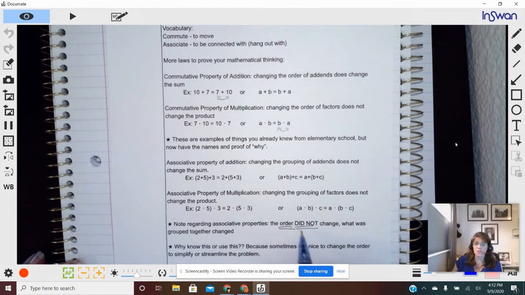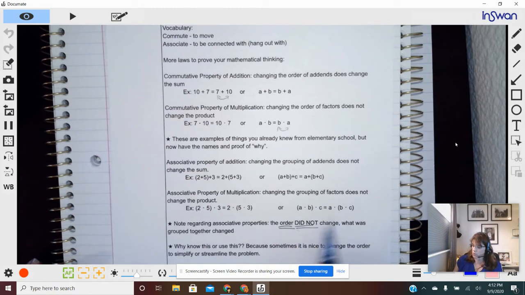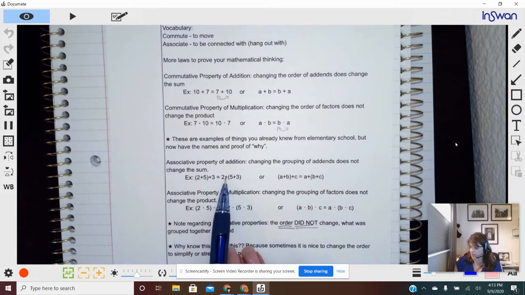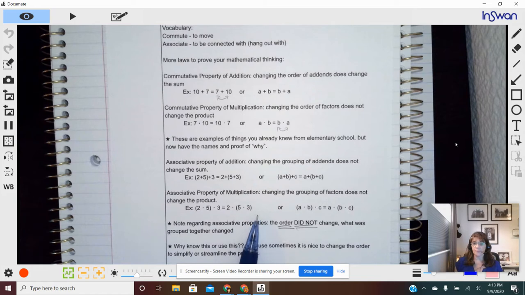The order doesn't change in associative property. So notice 2 plus 5 plus 3, 2 plus 5 plus 3. Now, there might be a million reasons why you want to group these together differently, and we'll look at a couple. 2 times 5 times 3 is the same as 2 times 5 times 3.